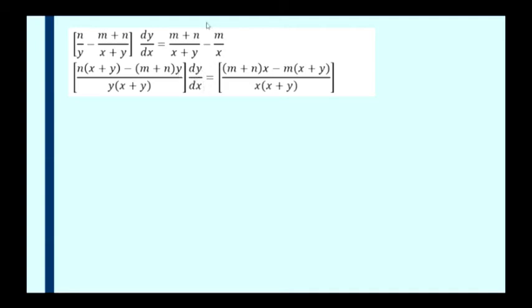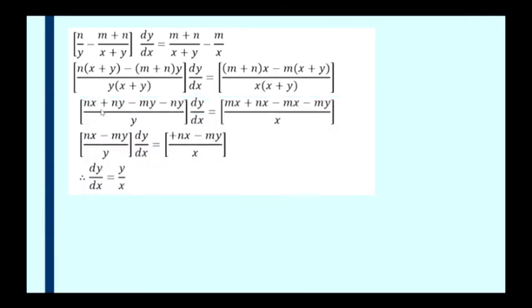So LCM will be x into bracket x plus y: m plus n times x minus m into bracket x plus y. Now opening the brackets, we will be getting nx plus ny minus my minus ny upon y into dy by dx equal to mx plus nx minus mx minus my upon x. So over here what will cancel?